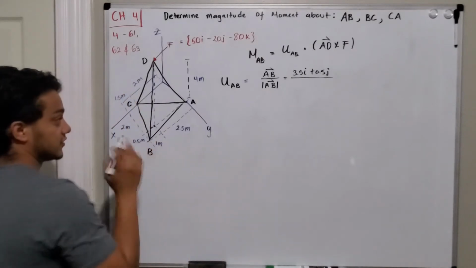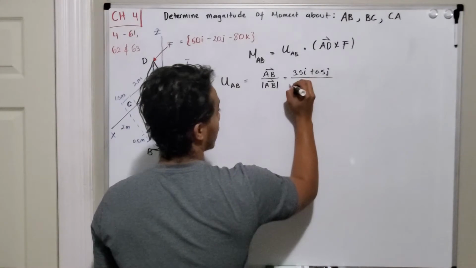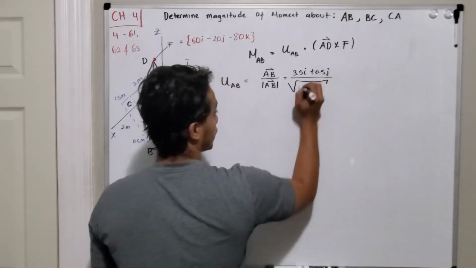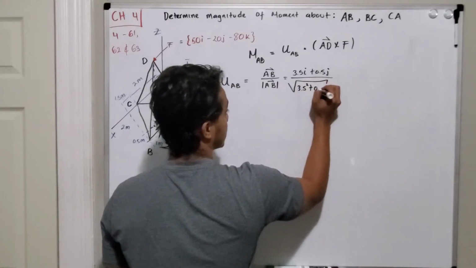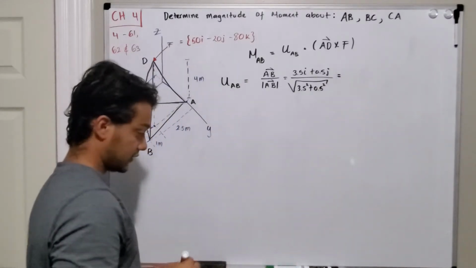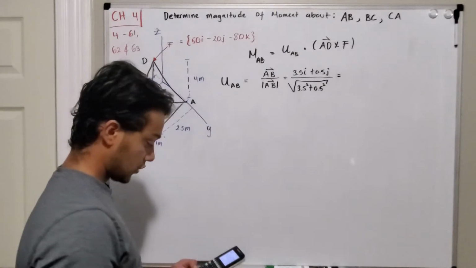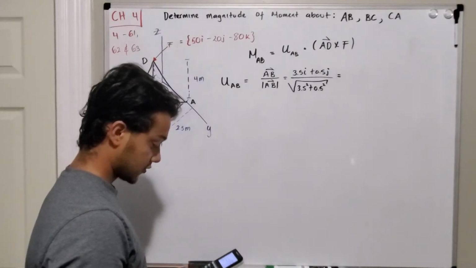Now the magnitude will be equal to the square root of 3.5 squared plus 0.5 squared.